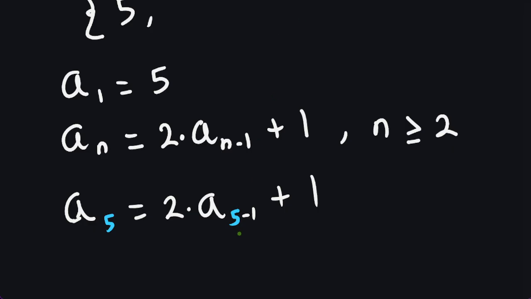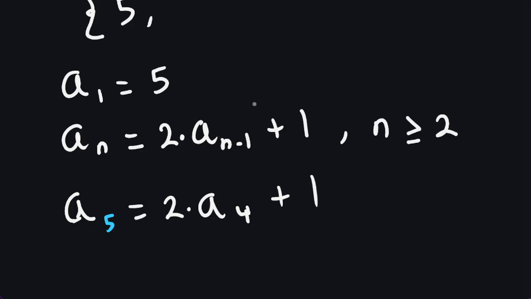What's 5 minus 1? That's 4. So in order to find the fifth term, a sub 5, all we have to do is find the fourth term, multiply that by 2, and then add 1.